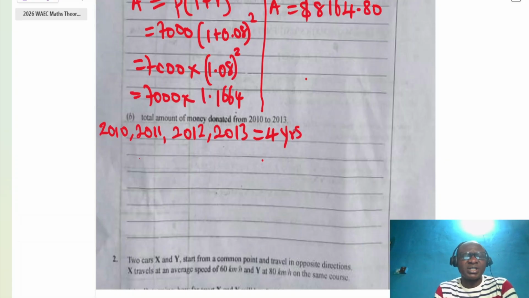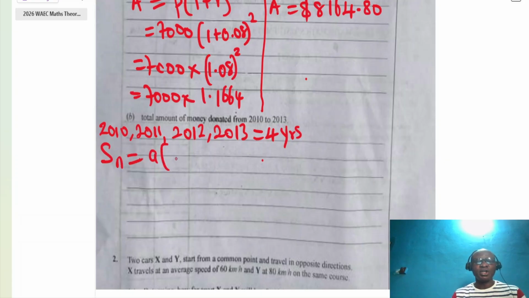The total amount in 2010 is not the total amount in 2011, so the perfect one to use is the formula for the sum of a GP. The sum of a GP is given by A into (R raised to power N minus 1), divided by (R minus 1).